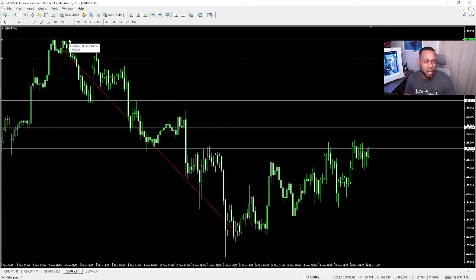So this is our high, this is our lower high, and this is our low, and this is our lower low. So you see the difference between the two in the price action.